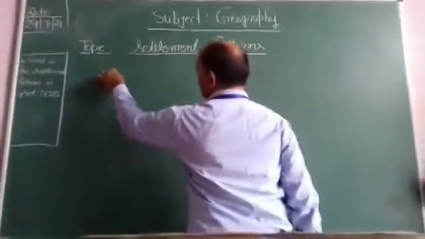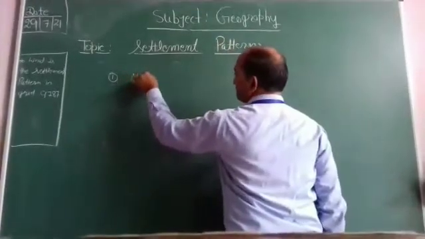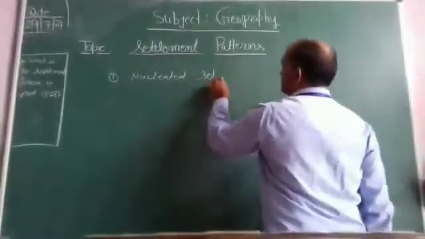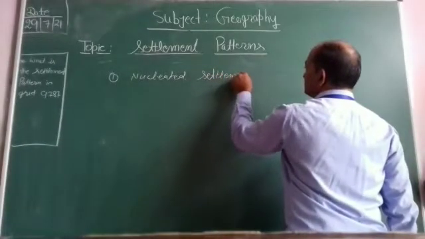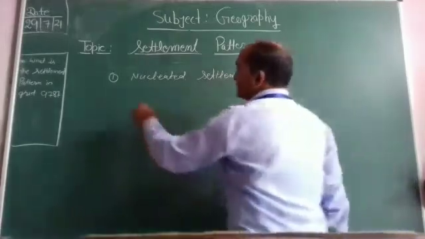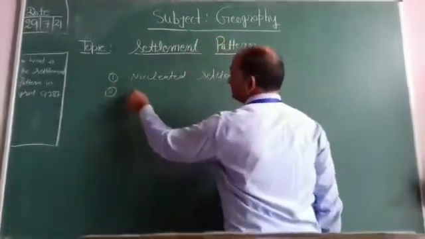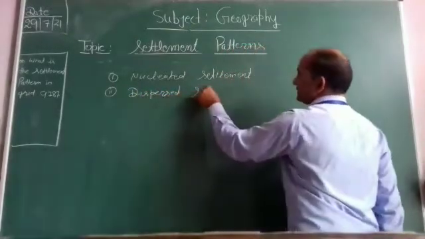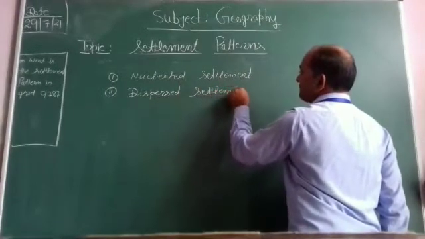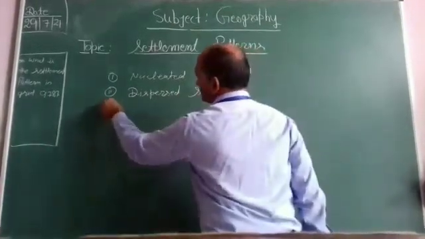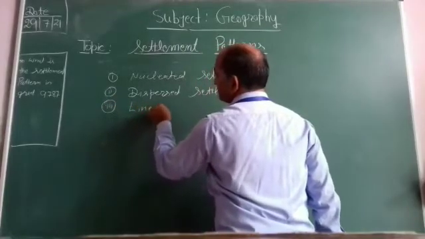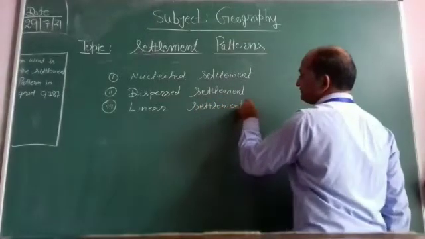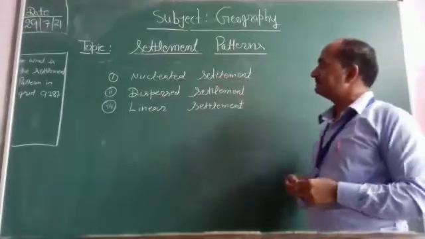First one is nucleated, second one is dispersed settlement, and third one is linear settlement. So we will explain them one by one.